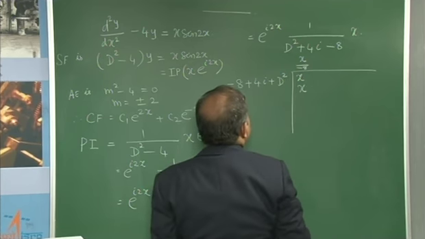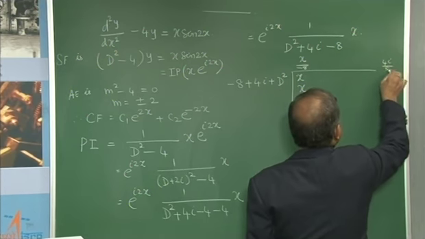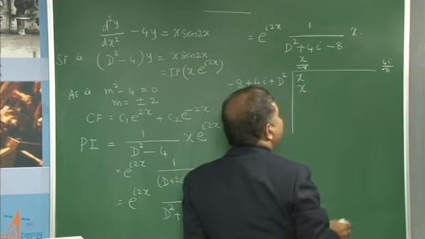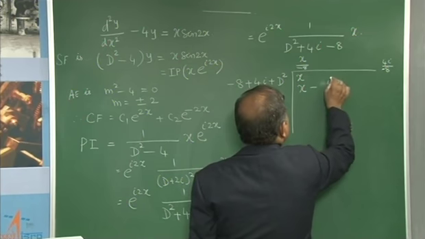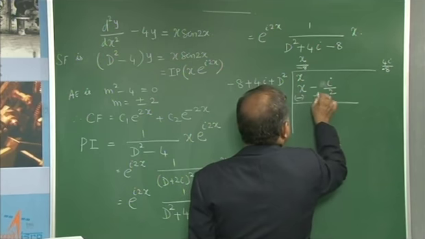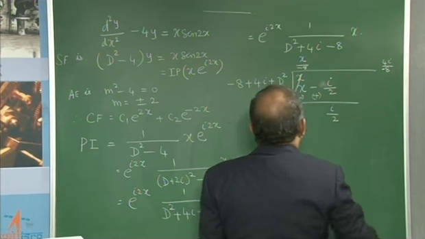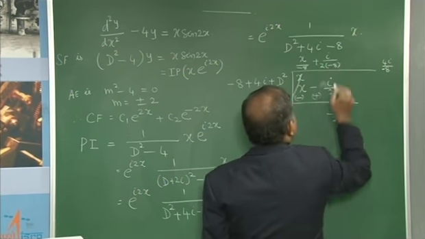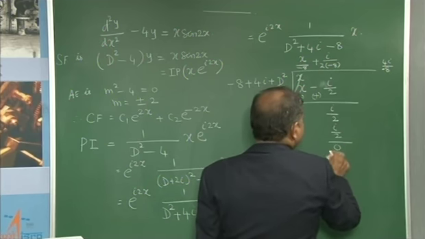One time differentiation, so 4i by minus 8, of course. 4i by minus 8 will become minus i by 2. Simplify, cancel it. Minus plus i by 2 plus i by 2 into minus 8, so again I will get i by 2, then 0.